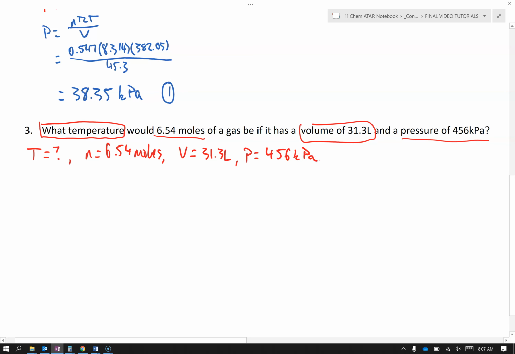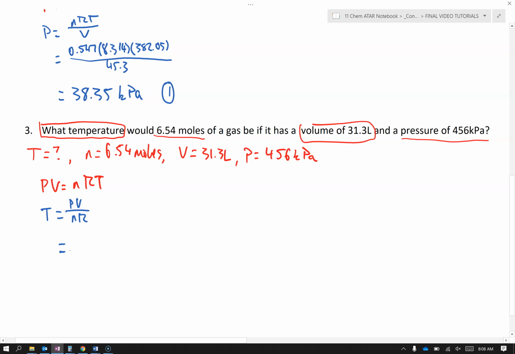So we have there our things. What's the one formula that unites all of these things? Well, it must be PV equals nRT. And so now we've got to substitute in some values. So again, let's rearrange this equation to say that T is equal to what? PV divided by nR, I think. Does that sound right? We'll see. Hopefully it's right.